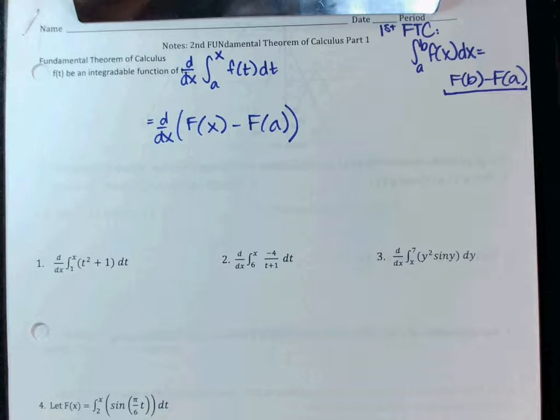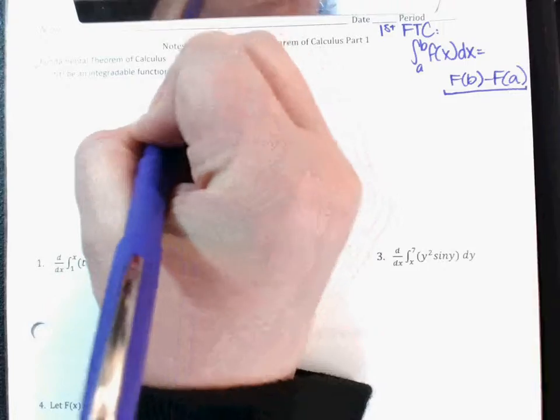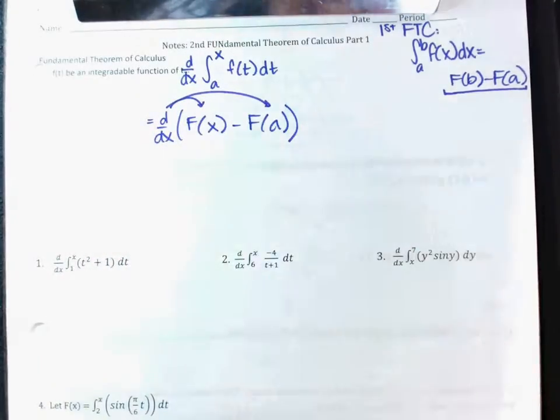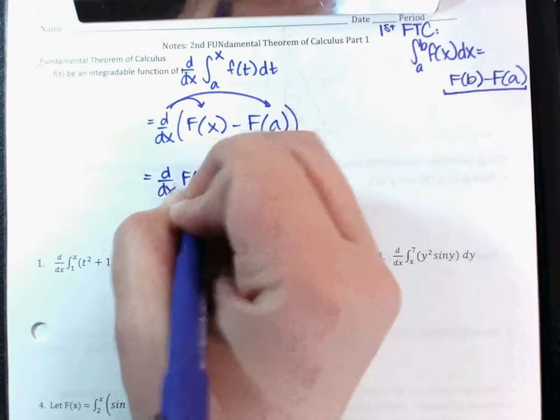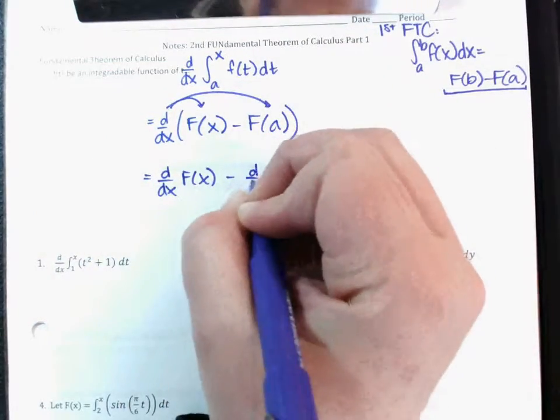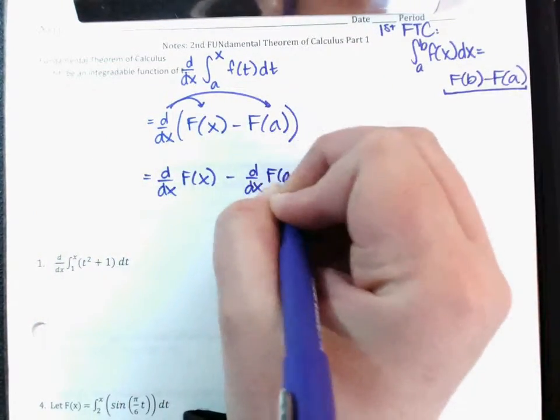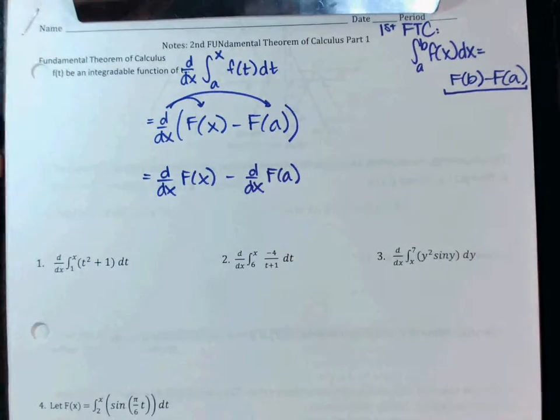Okay, but we'll see. Okay, so when I take the derivative now of both of these, I'm going to have the derivative of capital F of x minus the derivative of capital F of a. However, x is a variable, but F of a is a constant.